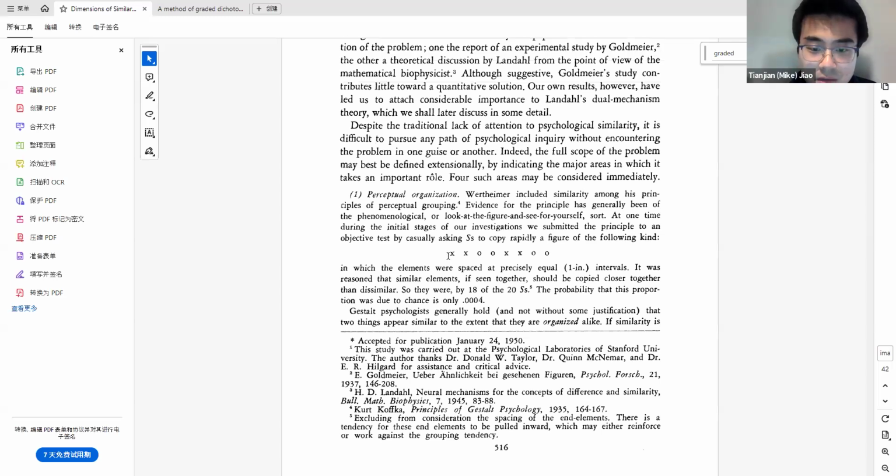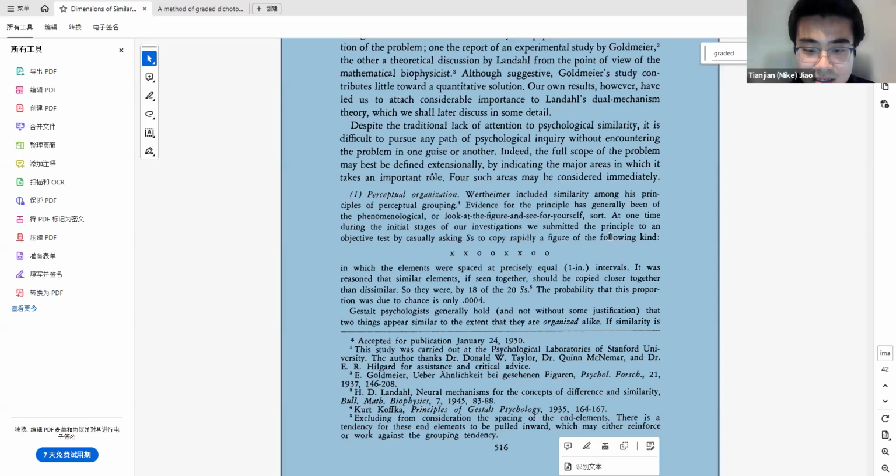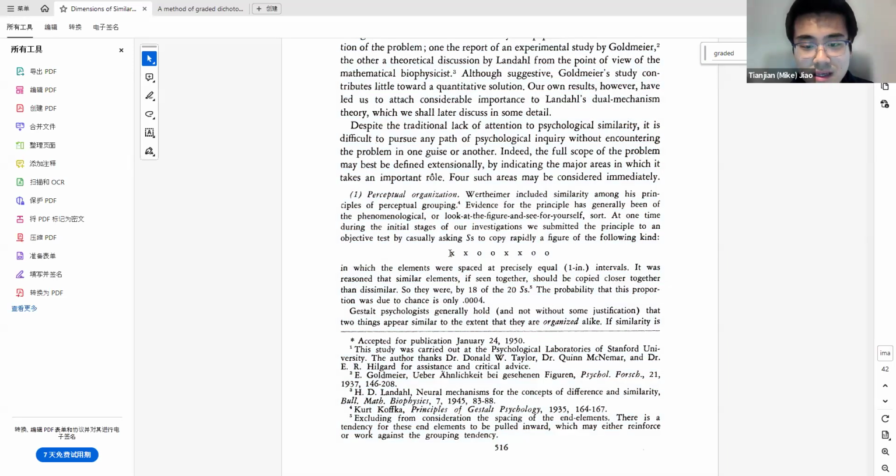So one of the examples that the paper has given is that if participants are presented with these X's and O's, and they were asked to copy them, often they will group the X's together more closely and the O's together more closely, just during the process of copying. This seems to suggest that we are unconsciously grouping things that look similar together while separating them out from things that seem dissimilar.